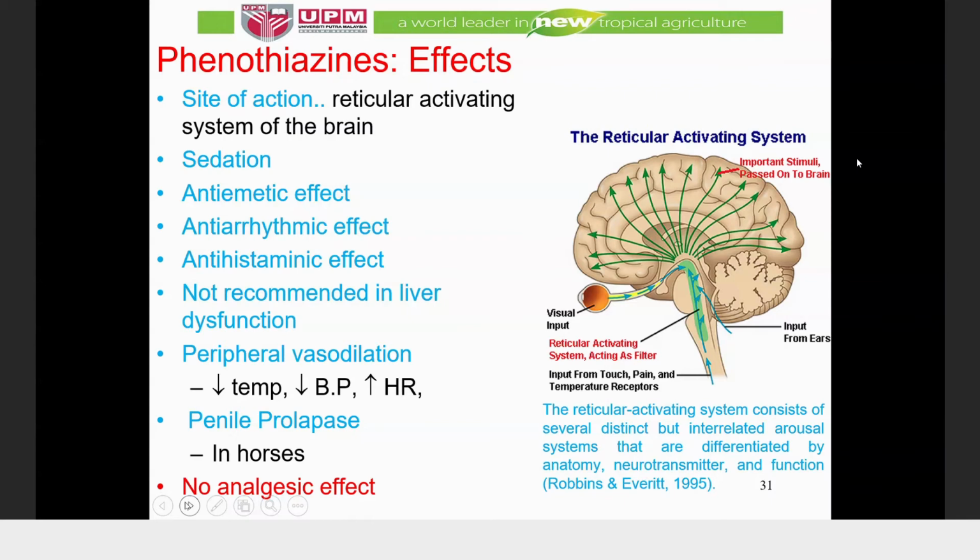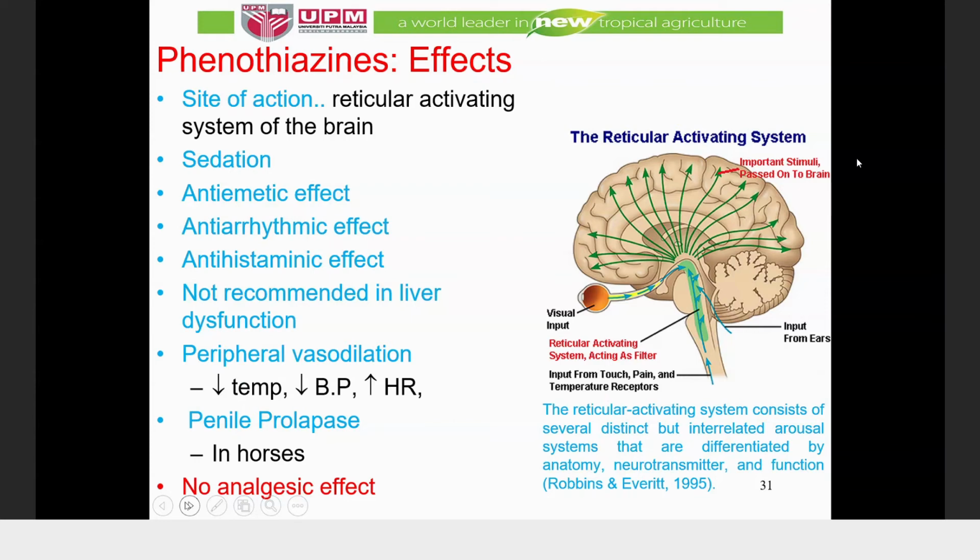Another thing is that it is not recommended in liver dysfunction, because it will prolong the effect. It is metabolized in the liver, and after metabolizing in the liver it goes to the kidney. So if the liver is damaged and the function is not proper, the drug will remain in the body and will not be metabolized, so the effect will be longer. In those cases we cannot use phenothiazine.